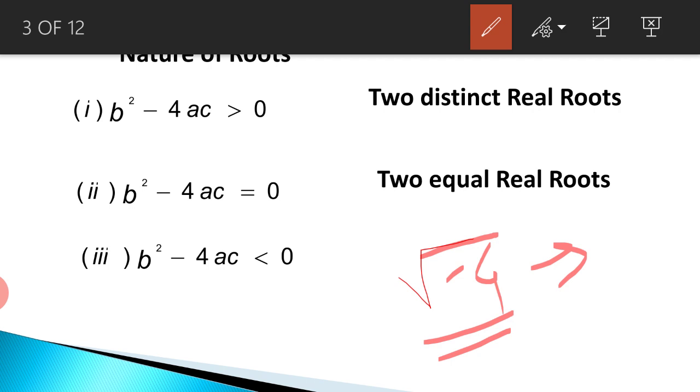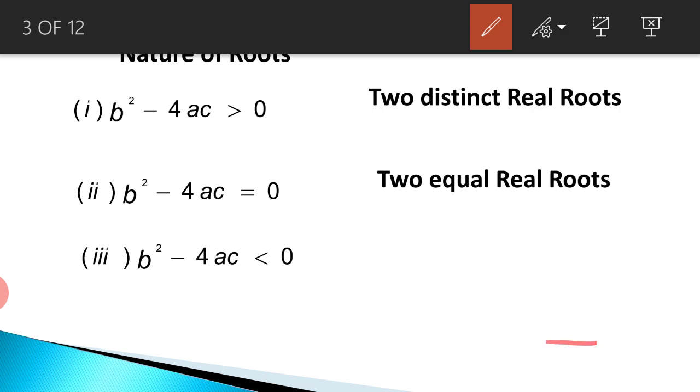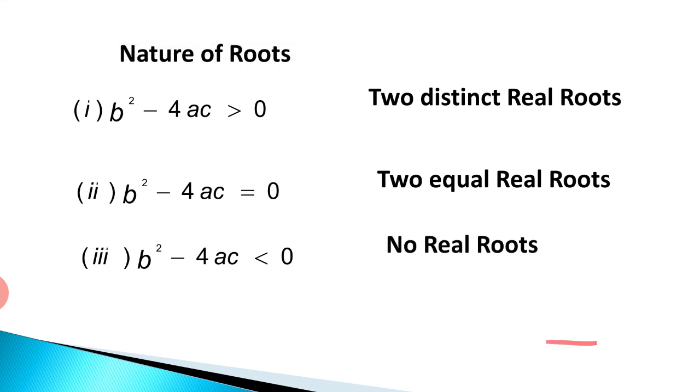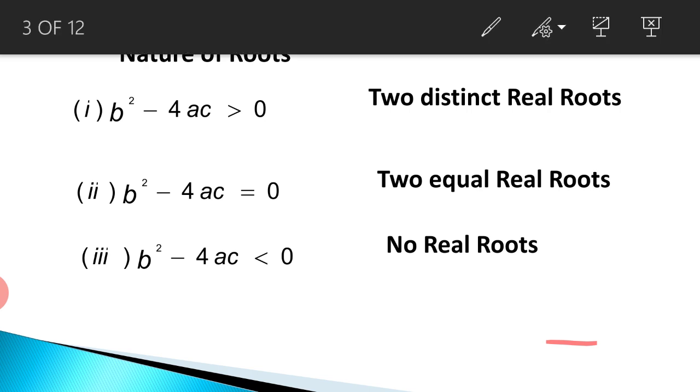So they are not real numbers. Is it okay? So if b square minus 4ac is negative, then we say that the equation has no real roots. Here we mention that instead of saying no roots, we say no real roots, meaning it may have complex roots or imaginary roots, but no real roots.